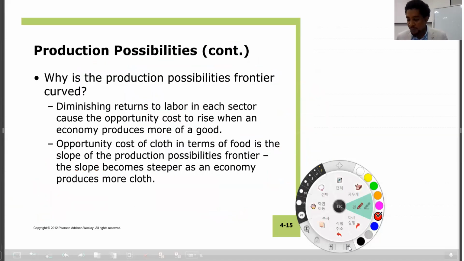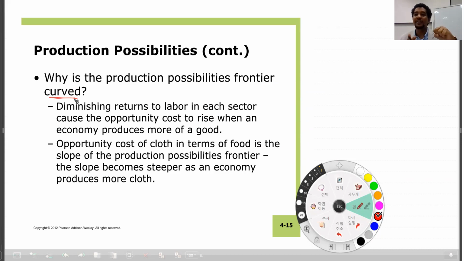So why is the production possibility frontier curved? Okay, we talked about the diminishing marginal product. We have said there comes a point where you increase the labor and the capital is constant.